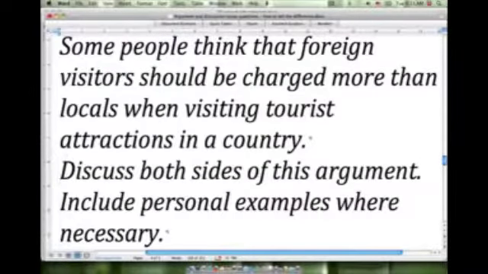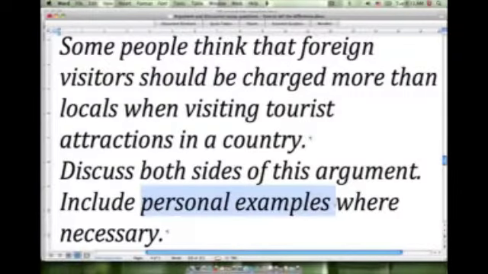"Discuss both sides of this argument. Include personal examples where necessary." Okay, of course this would be a discussion essay. What would be special about this discussion essay is that we would need to include at least one personal example.